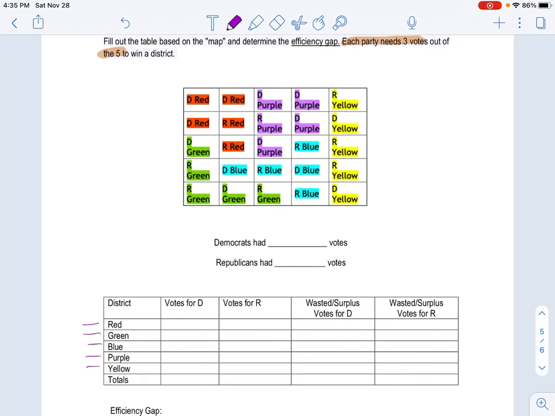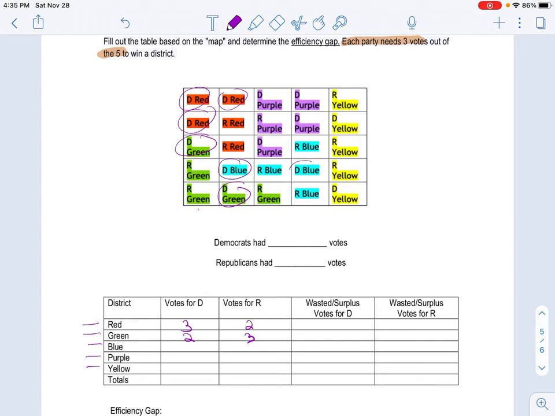So if I just focus on the red, we get 1, 2, 3 for the Democrats. Now remember, they told us each district only has 5 votes, so then I know there can only be 2 for the Republicans. I'm going to do this for each district. So for the green, I have 1, 2 for Democrats, and I can just double check, 1, 2, 3 for Republicans.